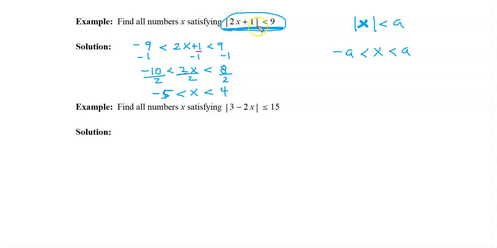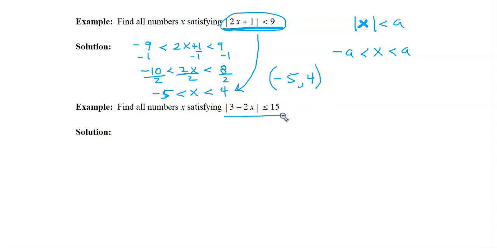The absolute value of 13 is not less than 9. So the solution to this, we could either write it like this, or using interval notation, we could write it as -5 to 4 with open brackets. So that would be our solution to this problem. All the x values between -5 and 4 satisfy this inequality.